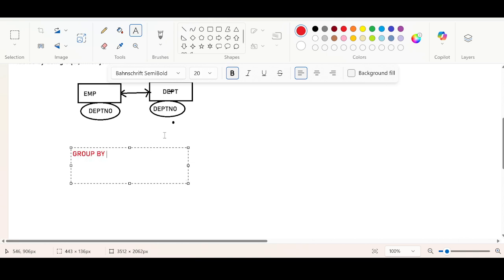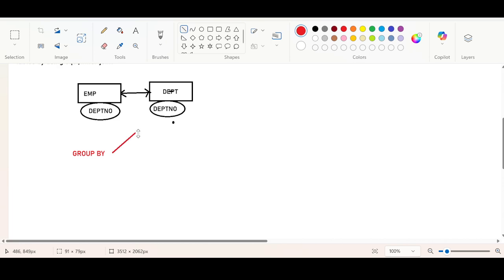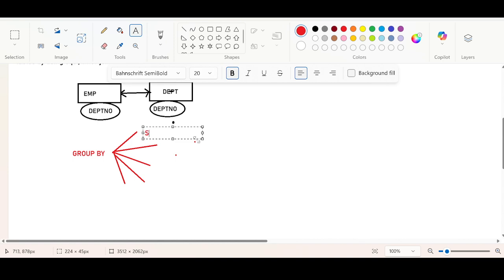If you use group by, you get all the individual departments, grouped and collected individually. So there will be no duplicates. Like you will be getting software engineer, AT, HR, marketing, things like that, without any duplicates.